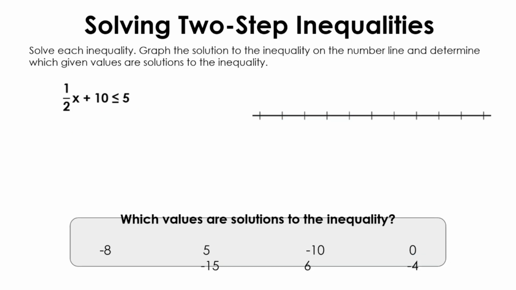With this situation, we have 1/2 x plus 10 is less than or equal to 5. In order to truly understand this one, we have to solve for x just like we did before.